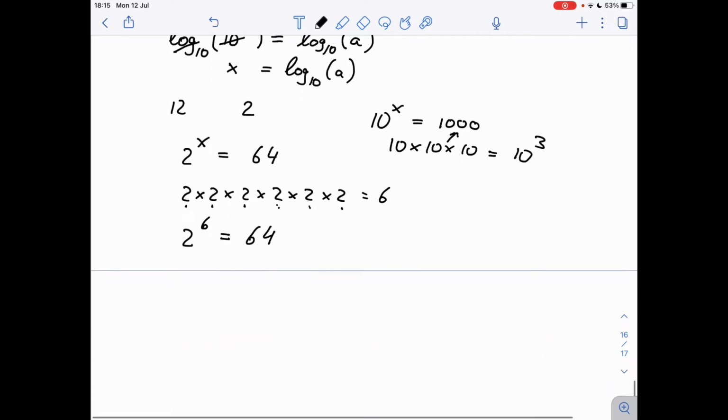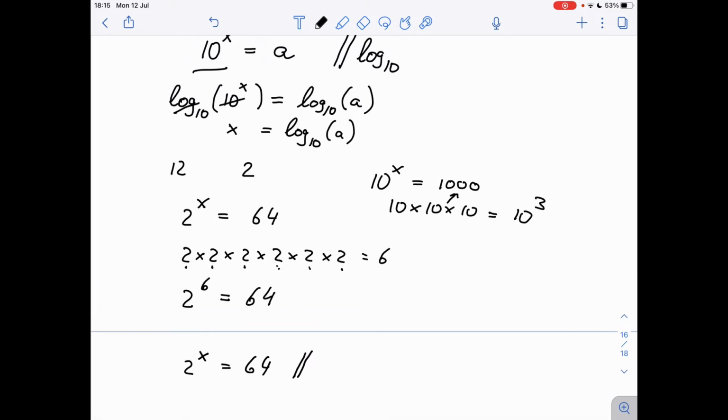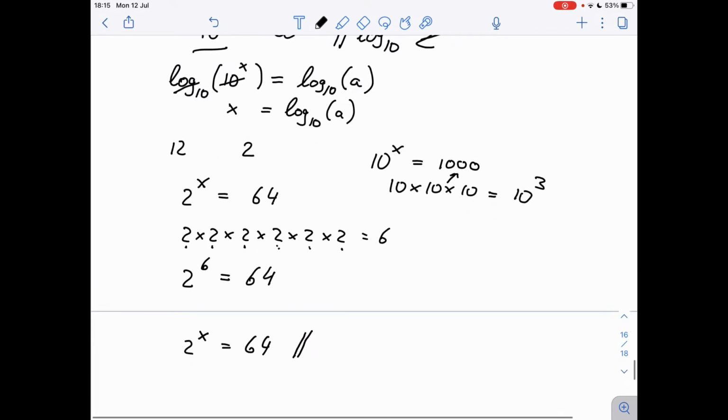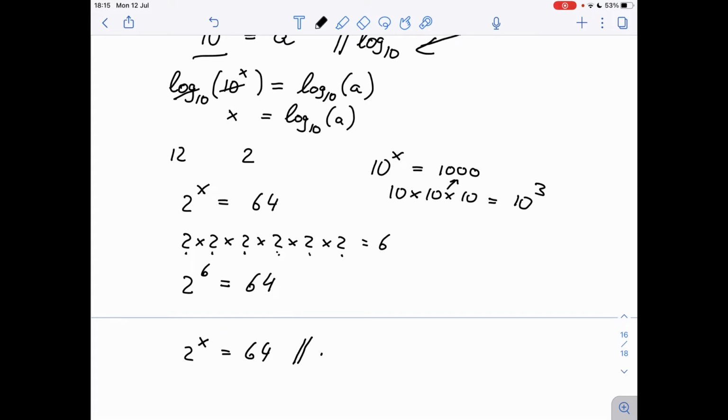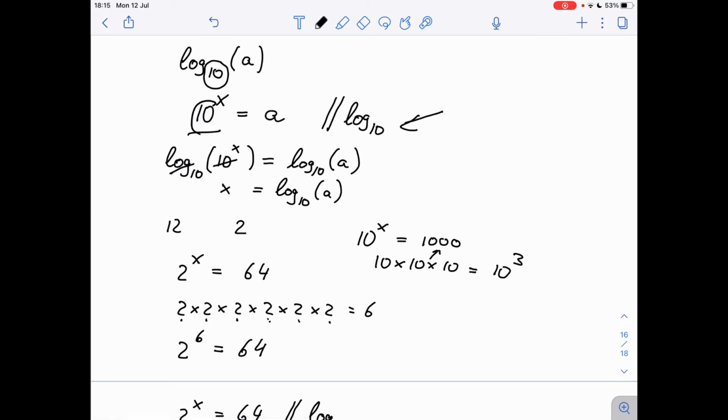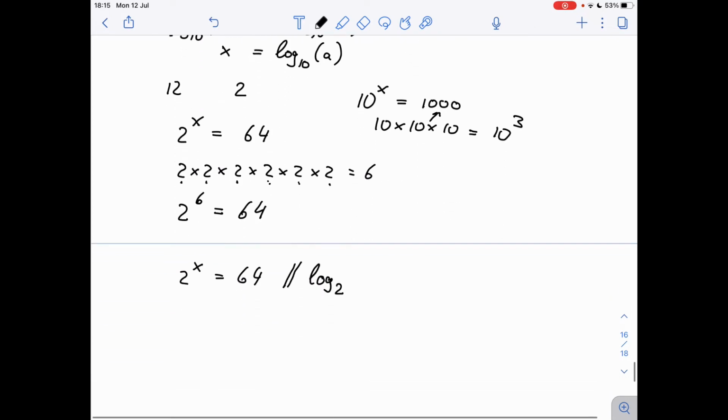And if we have 2 to the power of x equals 64, following this formalism that we looked at here, we would simply take log to the base of 2 of both sides of the equation, not 10 as we had before, because 10 was our base there. Now we use 2 as our base, log 2.